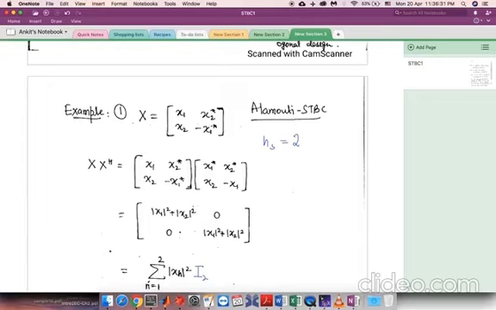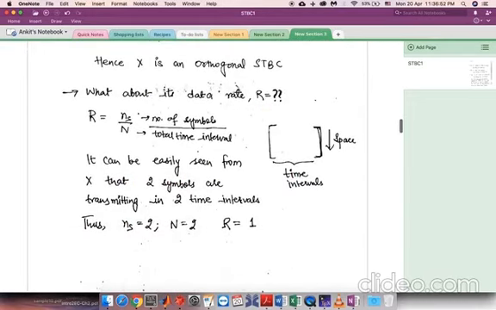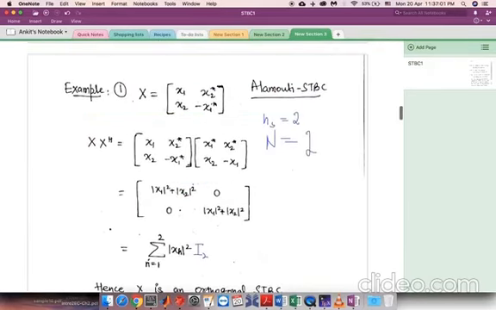This is known as block fading. How many time intervals are there? 1 and 2. Then the total time intervals are 2. What would be its rate? Its rate will be 1, which is the maximum we can achieve through this sort of block code, right?